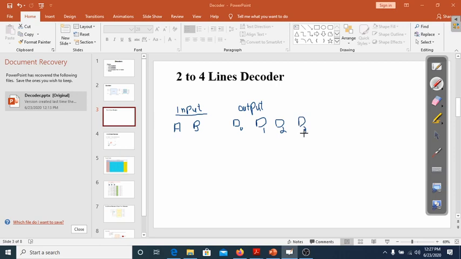So there are 4 possible outputs. When A and B are 0, then this output D0 is active high, the remaining are active low.